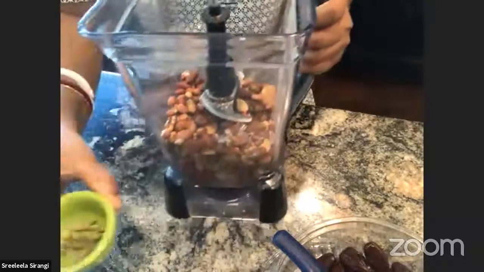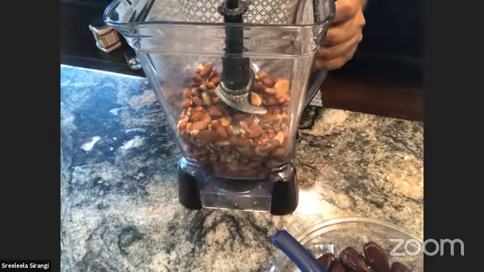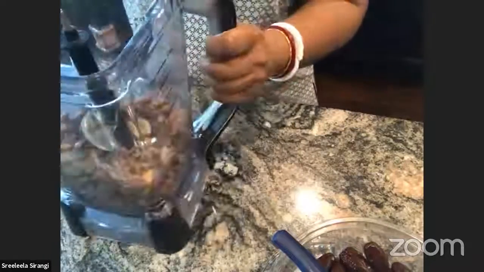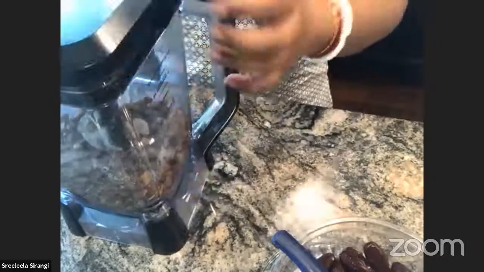We can add the elaichi also in this. Make a good powder. I'll mute it, otherwise you'll get the sound.